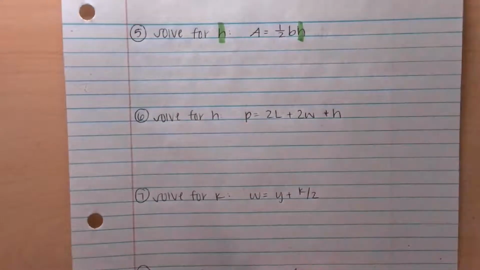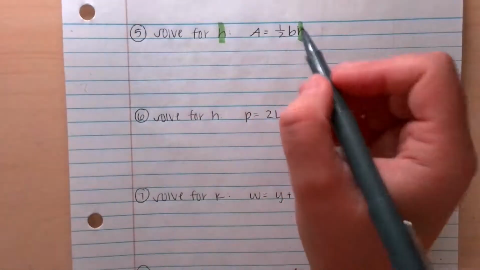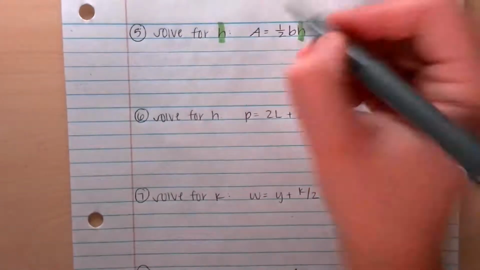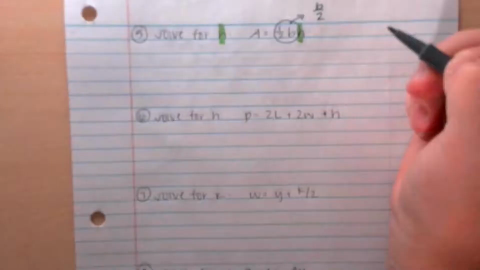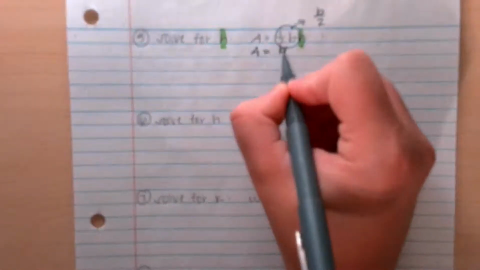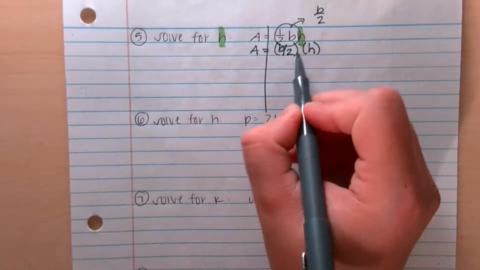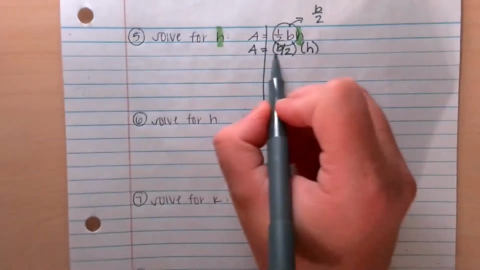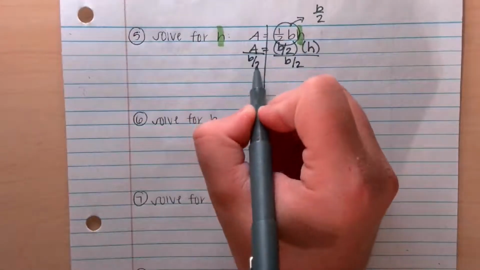Something that I would really recommend doing, this 1/2 B can really be rewritten as B over 2. Okay, so this is A equals B over 2 times H. Okay. And to get rid of our coefficient, we divide by B over 2.